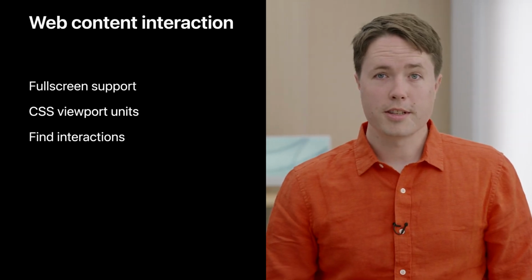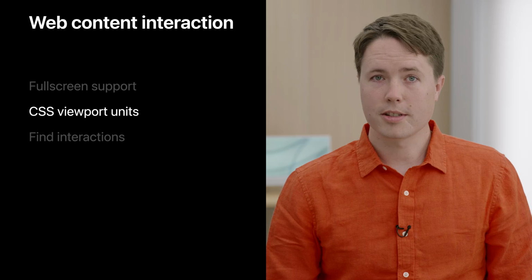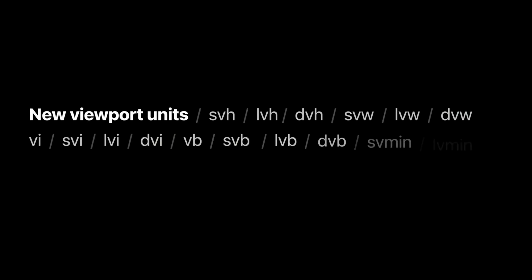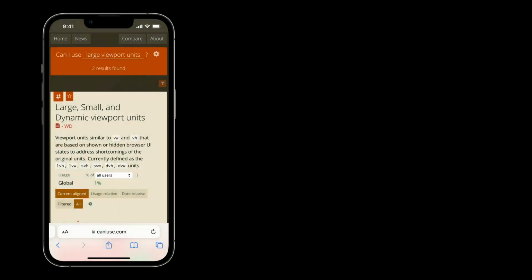We also have new CSS units to allow web content to lay out according to dynamic viewport sizes. These CSS units include svh, lvh, dvh, and many others. They allow web developers to modify layout based on the smallest, largest, and dynamic viewport sizes. Let's take a look at what Safari does to get an idea of how this can be used in your app.